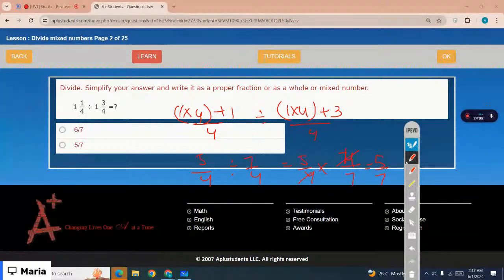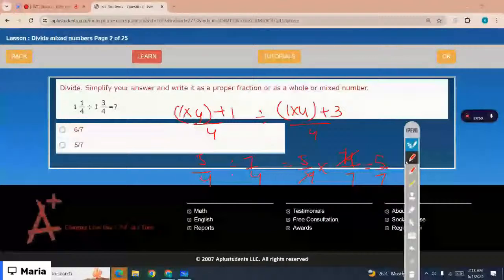So the correct option is 5 by 7. Option number 2 is the correct option.